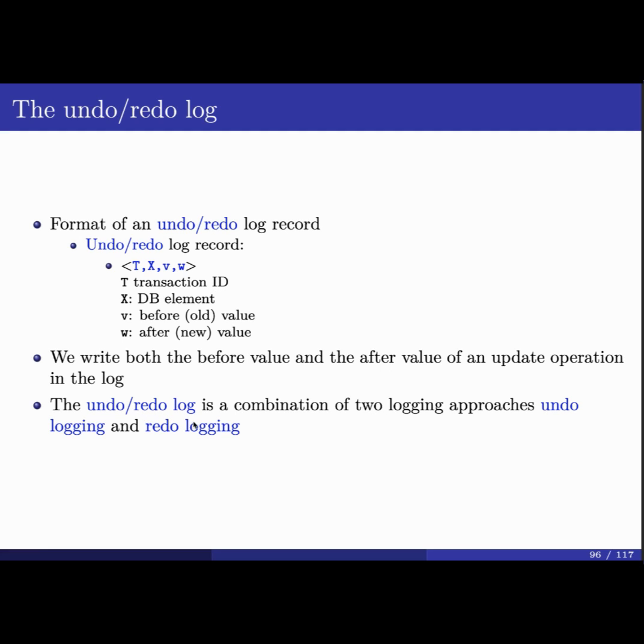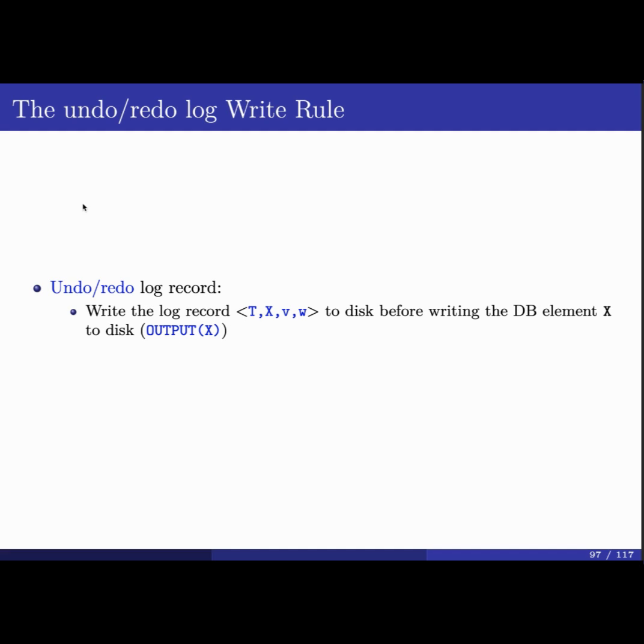So this undo redo log is like a combination of two logging techniques. We have only one write rule, which is similar to the write rule we have for the redo, but with one exception.